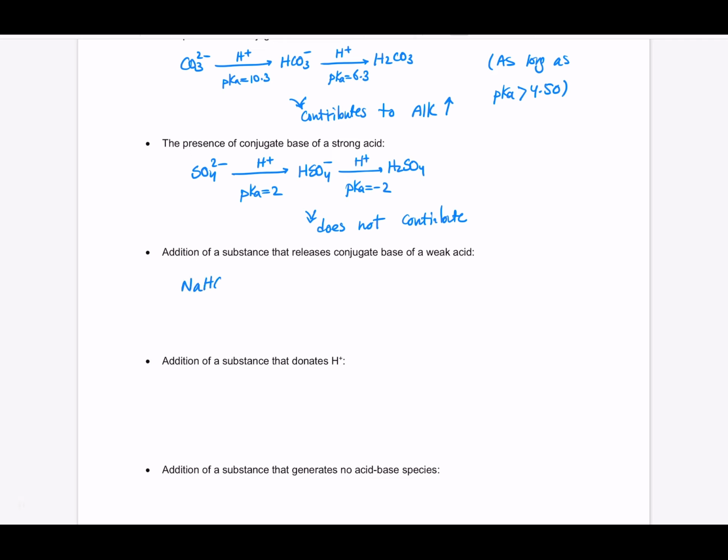So sodium bicarbonate, for example, we know this will be dissociated to sodium plus bicarbonate. And then bicarbonate can form carbonic acid. And the pKa for this one is also 6.3, so it does contribute. And it increases the alkalinity. So the more sodium bicarbonate you have, the bigger the impact on the alkalinity.